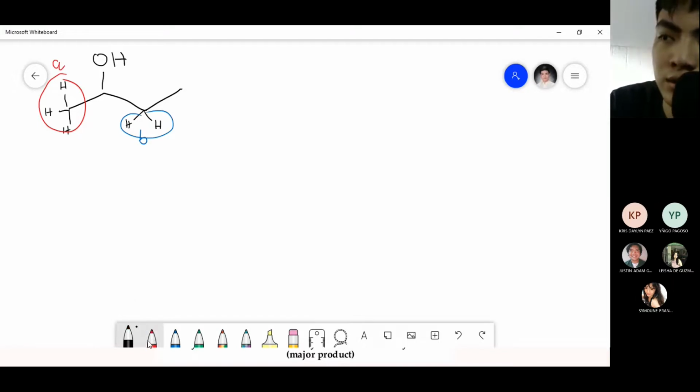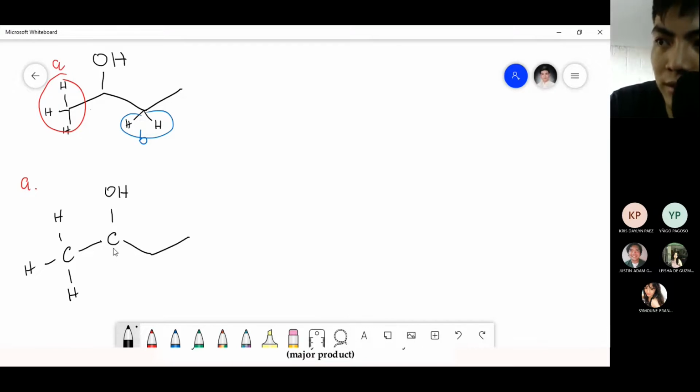Okay. So, let me just show you yung A. Dito ako maglo-Lewis structure. Okay. Then the rest, hindi na Lewis structure. Okay. What if yung OH, kunin niya yung hydrogen dito sa letter A, sa kanan?